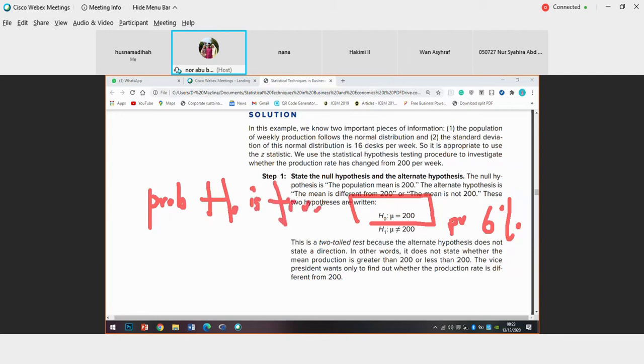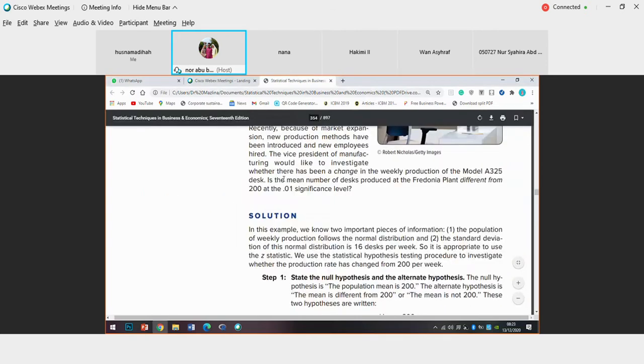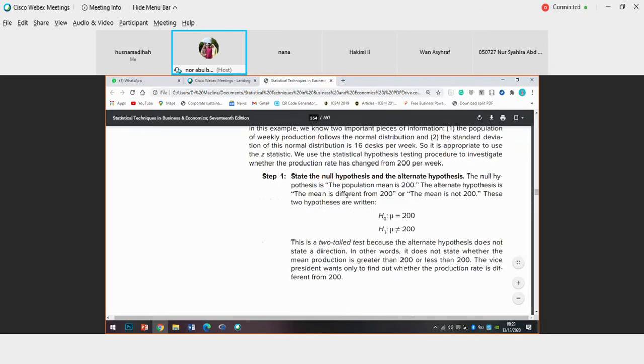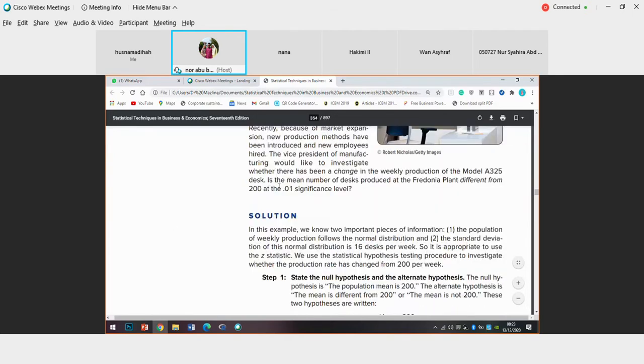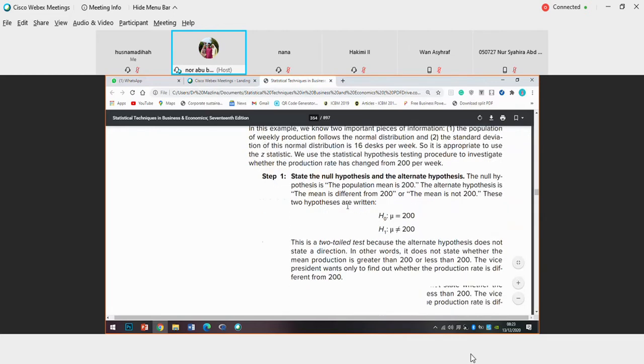Alright? Jadi probability H0 is true is 6% means that, kalau dia suruh, cuba tengok balik soalan ni. Okay, dia tanya, is it different from 200 at 0.01 significance level? So you must say that the probability is 6%, jadi dia lebih besar daripada 1% ni, means that it is still true.